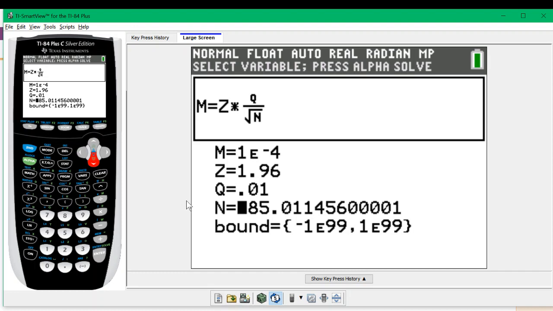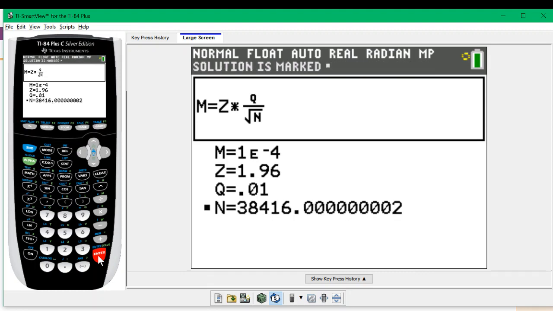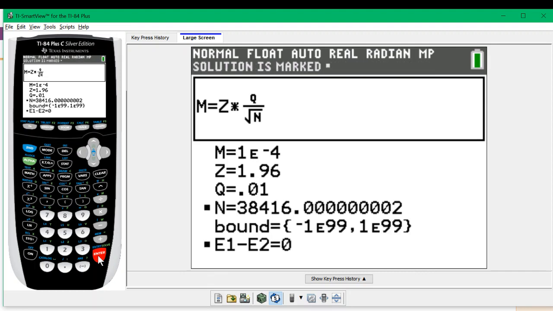I think it's fine. As long as it's not negative, you're okay. So let's alpha solve. That's trick number 2. In order to solve, you need to use alpha. Alpha. Enter. It looks like we have 38,416.